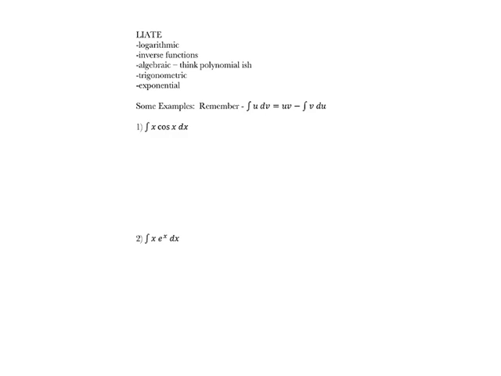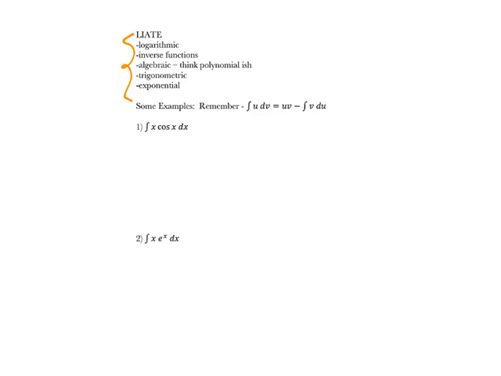If you have a logarithmic function, u is the logarithmic function. If you don't have logarithmic, then you go to inverse functions, and that's what your u is. If you don't have inverse functions, then u is your algebraic function. If you don't have algebraic, then you move to trigonometric, and your last choice is exponential.